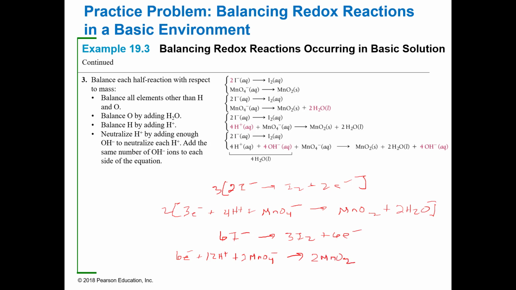Remember, the 4 is the Roman numeral because oxygen is a negative 4 total, so that manganese is a transition metal, so we call it manganese 4 oxide, plus 4 waters.